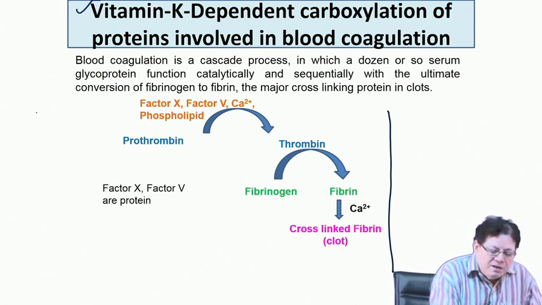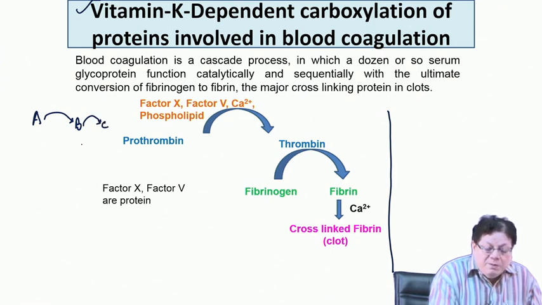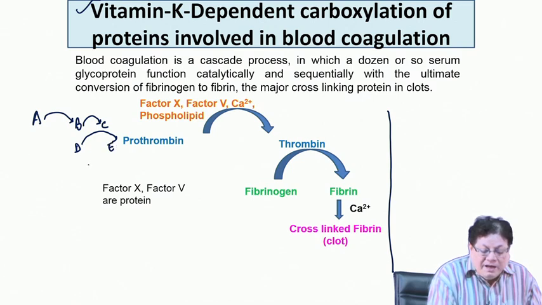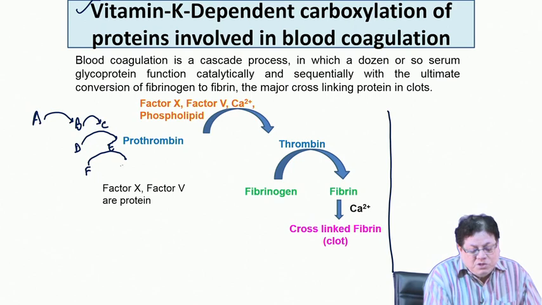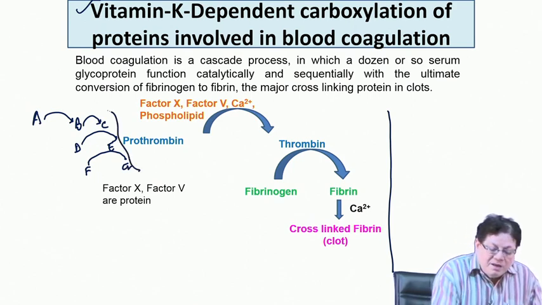Now, the blood clotting process is actually a large number of cascade reactions. Cascade reaction means suppose A goes to B, and then B goes to C, and then maybe C catalyzes the reaction of D to E, and E catalyzes the reaction of F to G. These are called cascade reactions.